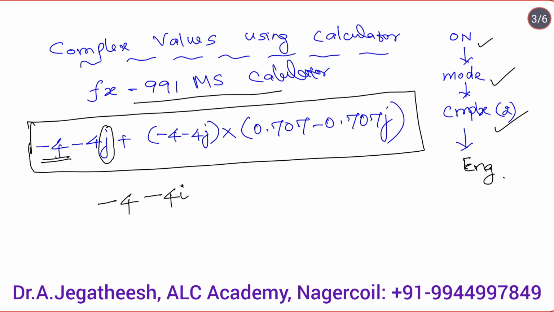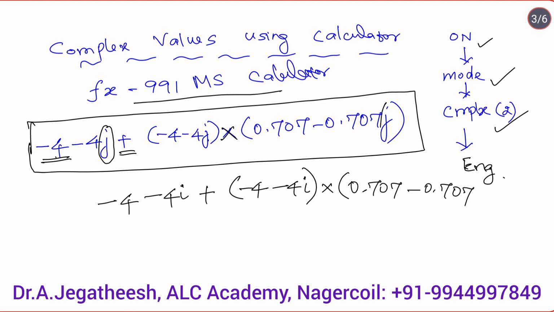Pressing the ENG button, you will get I. Next, you will type plus, bracket open, minus 4I, bracket close, and the multiplying symbol. Again 0.707 minus 0.707, you cannot type j. You can use the same ENG button to enter I. Instead of j, we are using I.